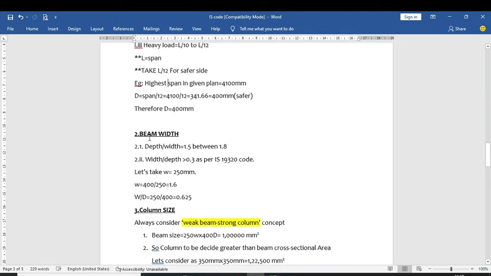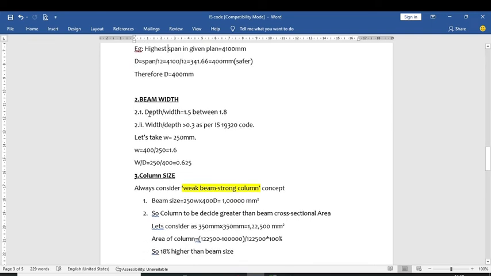For the beam width, there is again one criterion: depth by width should lie between 1.5 to 1.8, and width by depth should be greater than 0.3 as per the IS 13920 code.